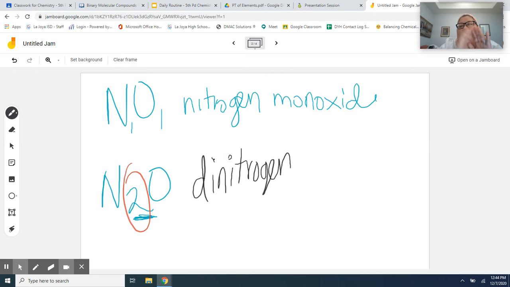And my first part is done. I added the prefix. I didn't change the name of the element. But how many do I have here? What's the prefix I need for that oxygen or oxide?